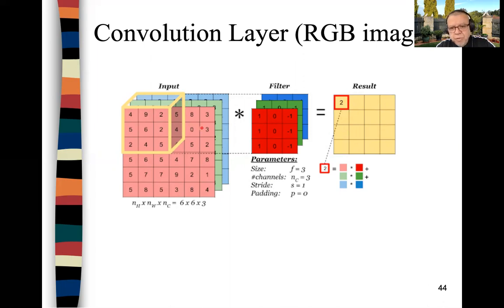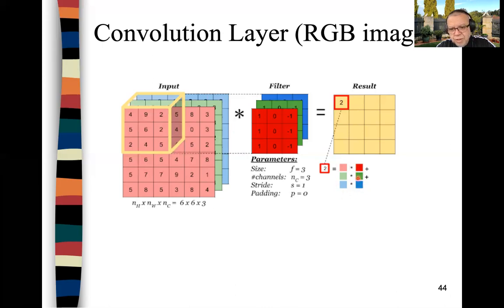And then the way we did it, if you remember, we took this red one and convolved it with the red filter, plus this light green one convolved with the dark green filter, plus the light blue one with the dark blue filter.